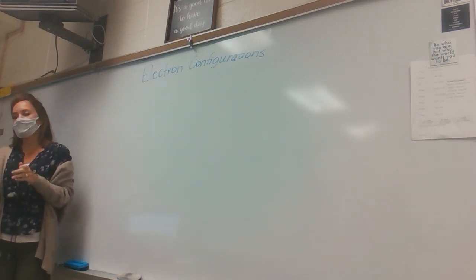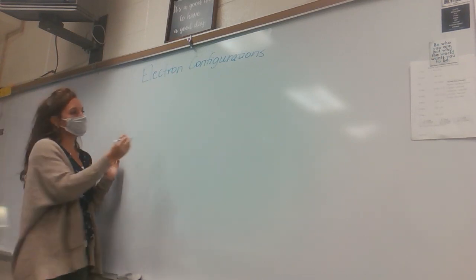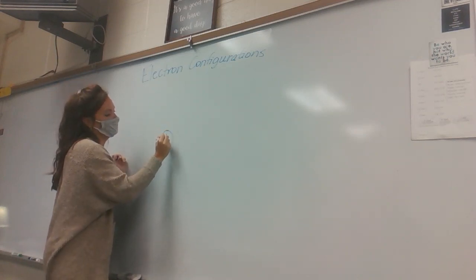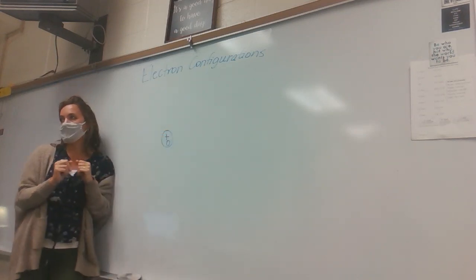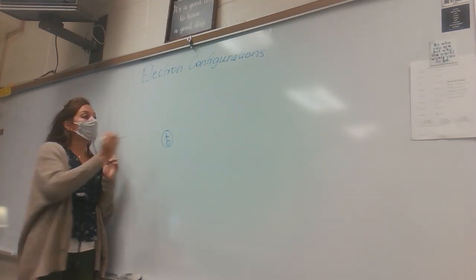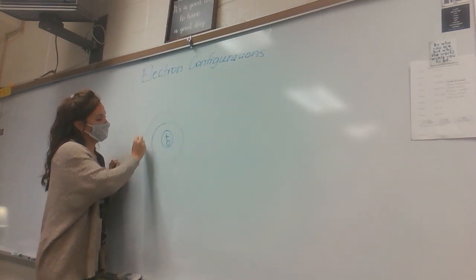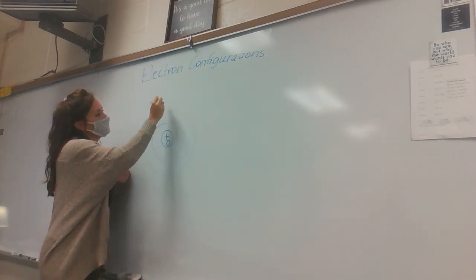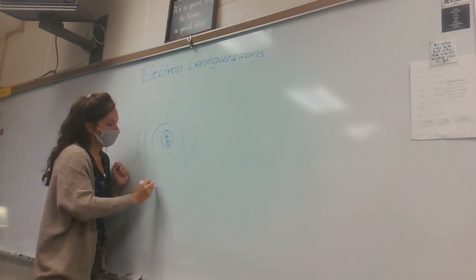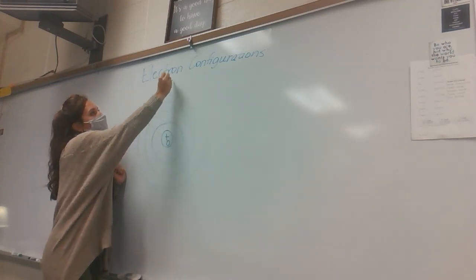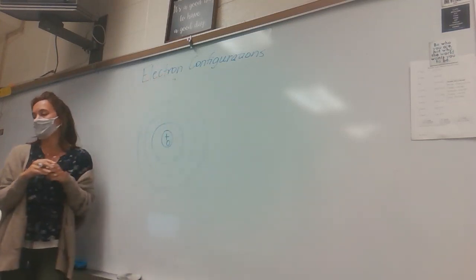In yesterday's lesson, we talked about the fact that there is a nucleus with protons and neutrons. And then we talked about how Bohr discovered that there are energy levels, and electrons exist only in specific energy levels, all the way out to 7 energy levels.